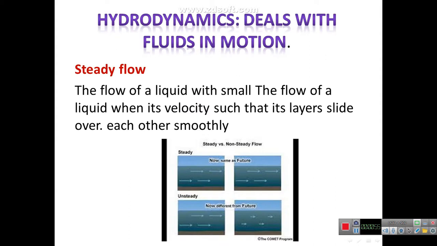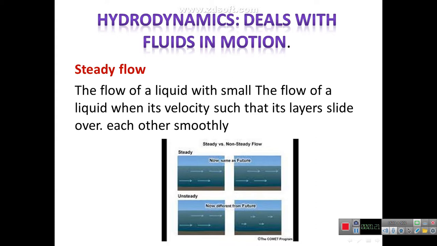Hydrodynamics. What do we mean when we say the word hydrodynamics? It deals with fluids in motion. Steady flow is the flow of a liquid when its velocity is such that its layers slide over each other smoothly.